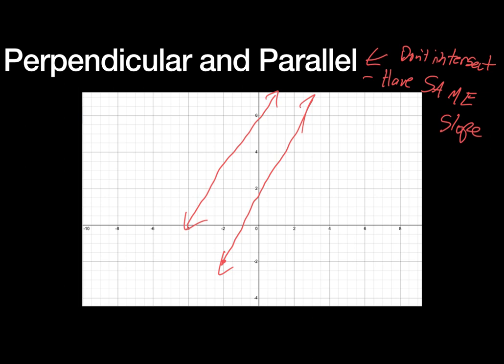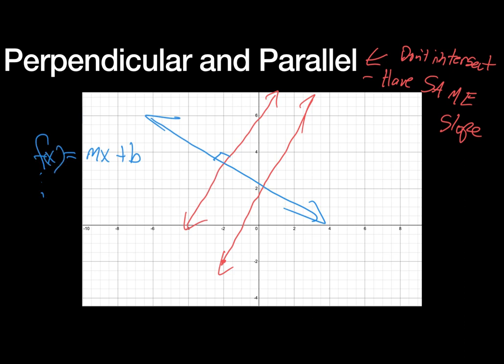A perpendicular line, perpendicular means they run and intersect at a 90-degree angle. That's what perpendicular means. Perpendicular slopes: if I have 2 lines, y equals mx plus b, and instead of saying y, let's change that to function notation, I have f of x.